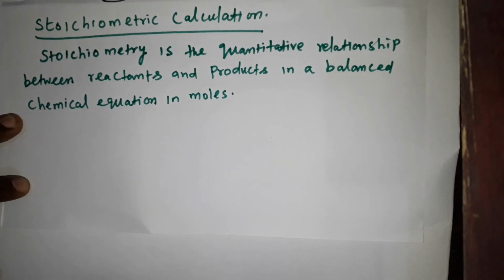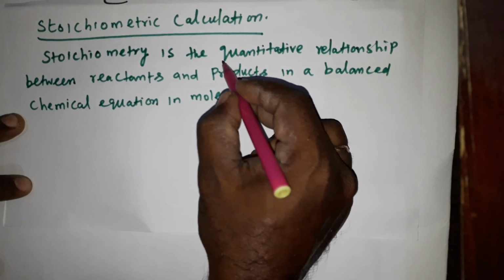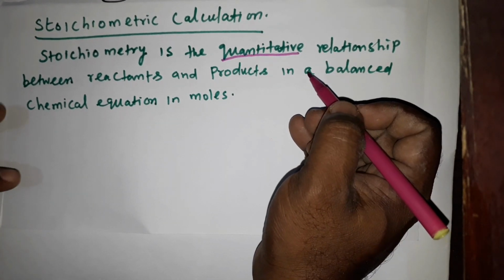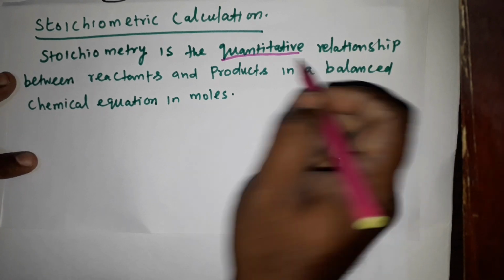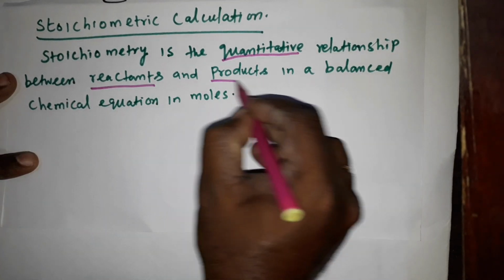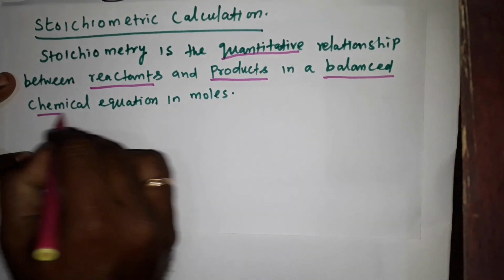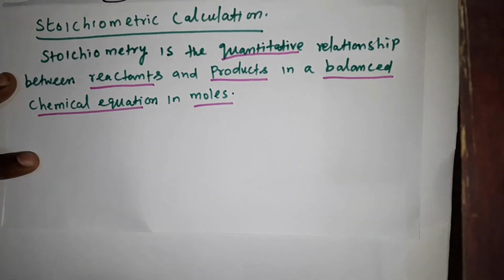So stoichiometry is the quantitative, means there will be some numbers, relationship between reactants and products in a balanced chemical equation in moles.